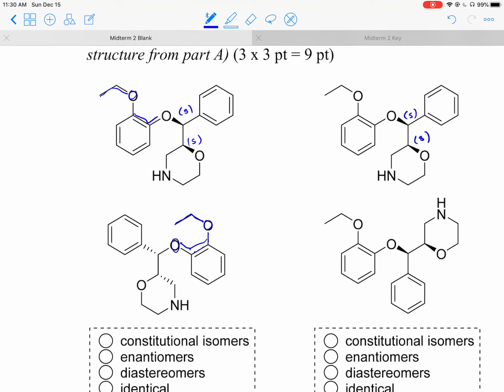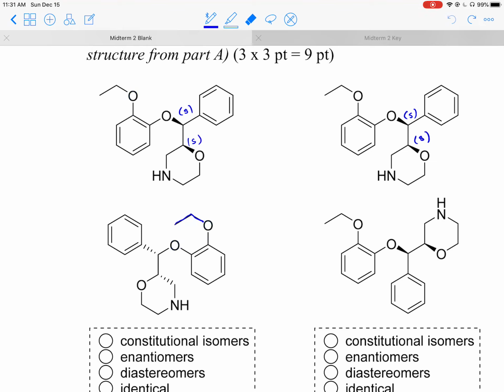And then this oxygen here is connected to a carbon, which is then connected to the benzene and this group. This oxygen is also 1 carbon away from the benzene and this group. And as we can see, in this group here versus this group, the oxygen is just 1 bond away, and the NH is 2 bonds away. So overall, they're connected the same way.